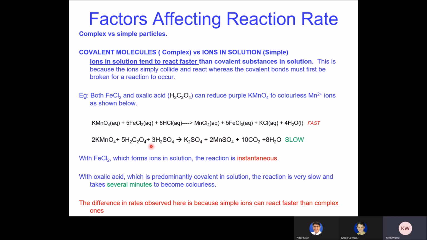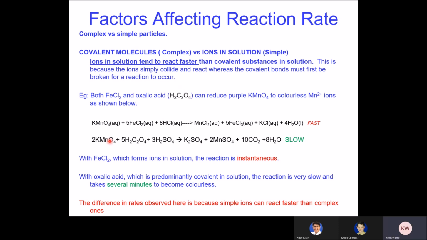The manganese in KMnO4, the Mn is 7 plus. No, that in MnSO4. MnSO4. Yeah. The manganese is 2 plus, the same as it is here. In KMnO4, it's 7 plus.